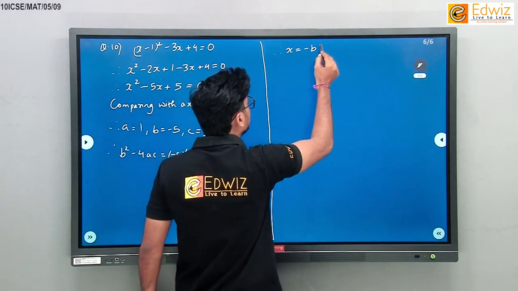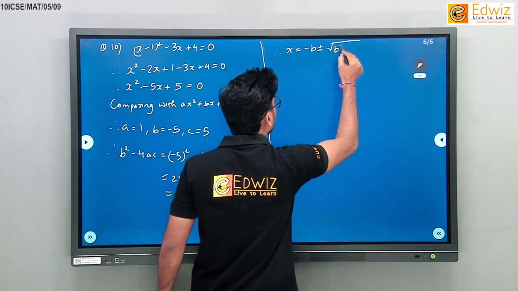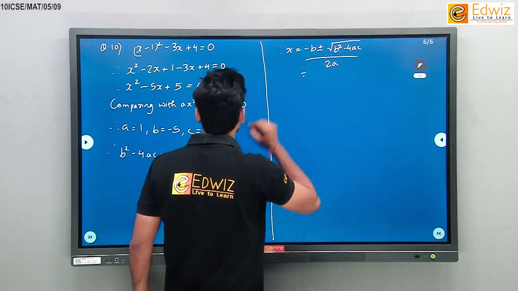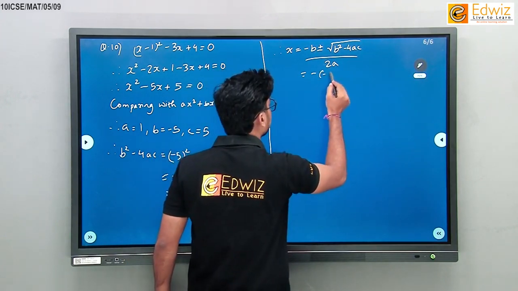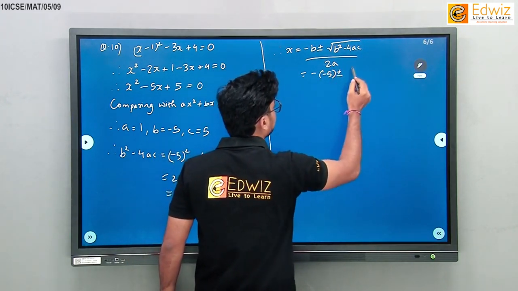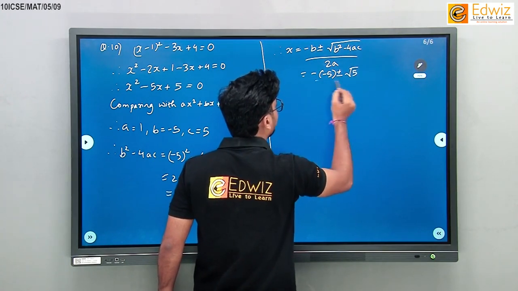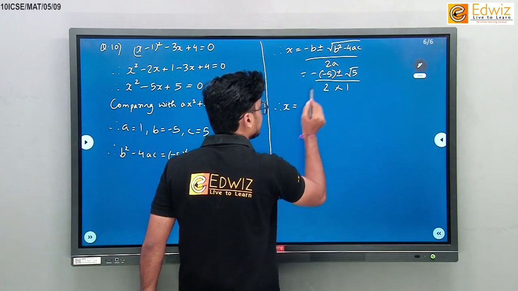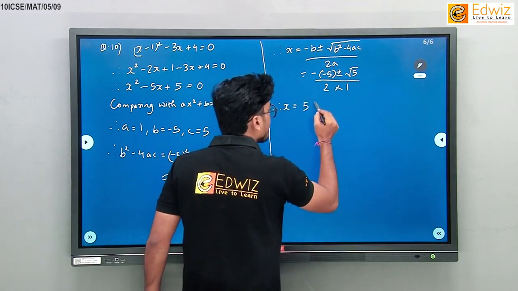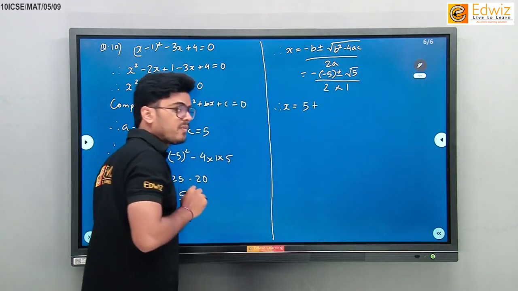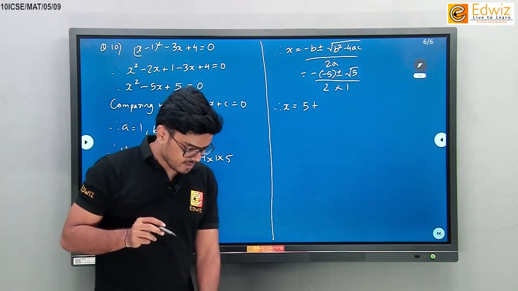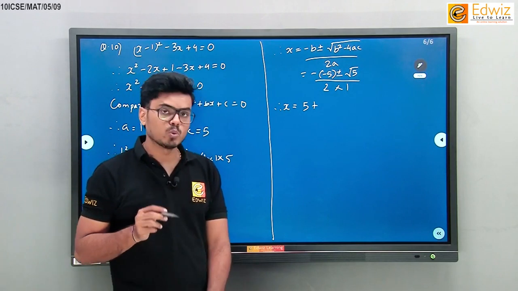x is minus b plus or minus square root of b square minus 4ac upon 2a. So substitute the values. Minus b is minus of minus 5 plus or minus square root of 5 upon 2 times 1. Okay, so the value of x is either positive 5 plus square root of 5. So again, if you refer to the square table, square root of 5 is nothing but 2.236.